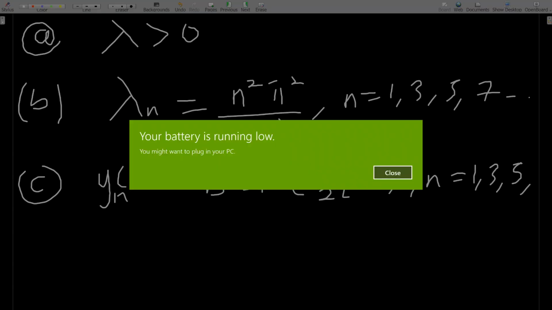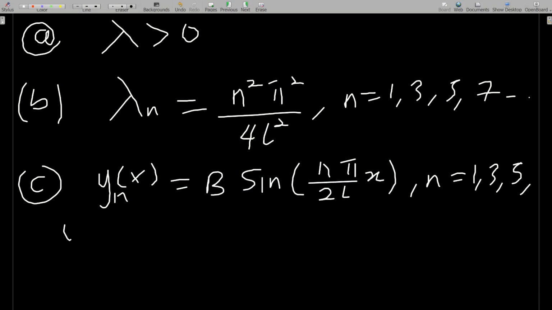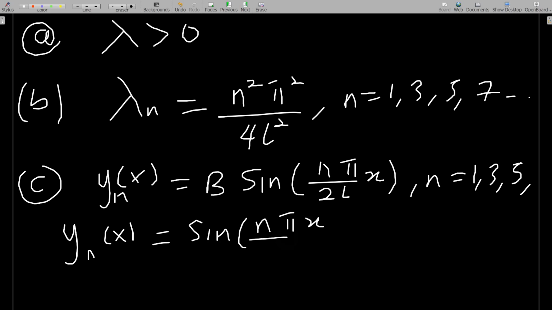This means that our eigenfunction y n of x, making b the constant 1, should be equal to sine of n pi x over 2l, with n equal to 1, 3, 5, and the rest. So the eigenfunctions are y n of x equal to sine of n pi over 2l times x. So that is it for this solution.